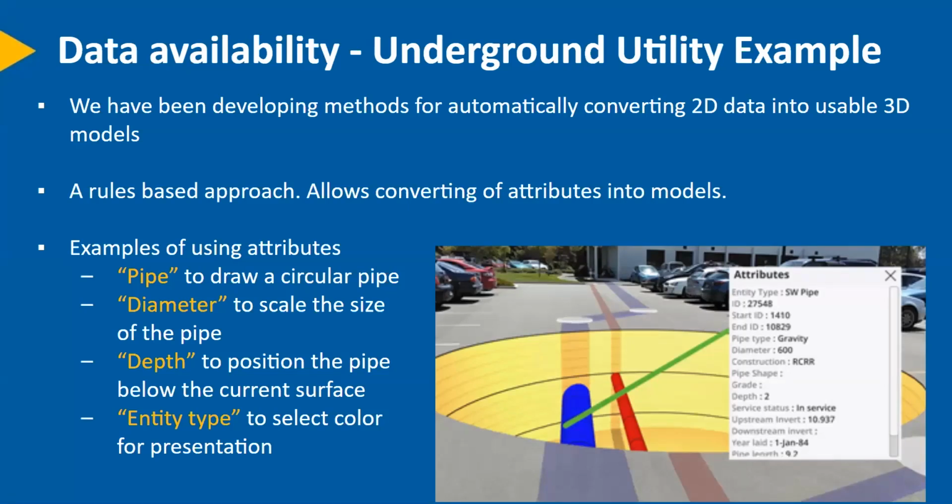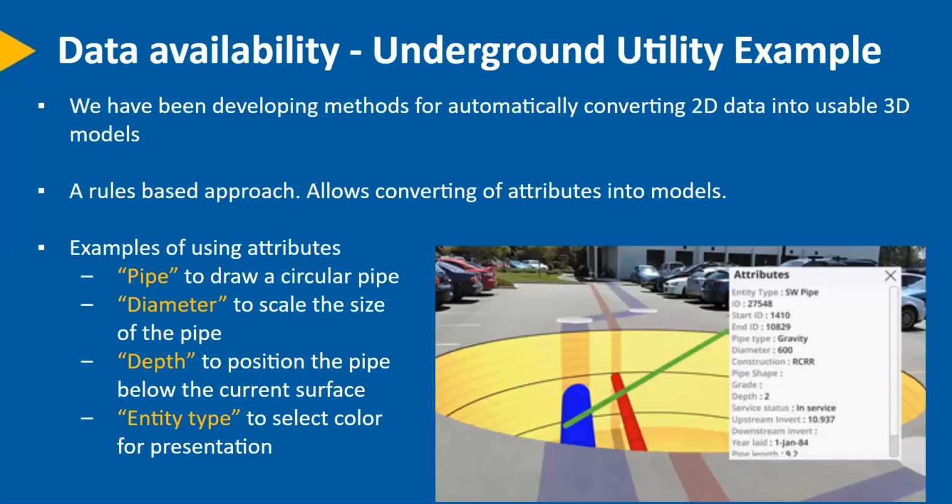In the case of SiteVision, we take the attributes of that feature and translate them into the 3D model themselves. So we recognize the word pipe, for instance, and we draw a circular pipe as opposed to a square pipe. The diameter is then used to scale the pipe so that the pipe appears 36 inches across, when in fact it is 36 inches across, and the one next to it is only 6 inches across.